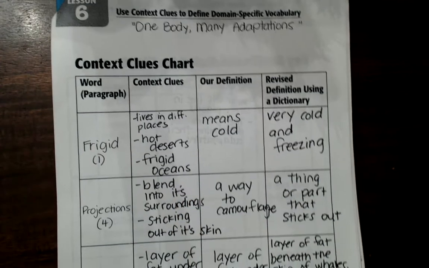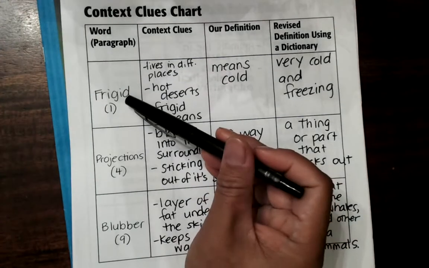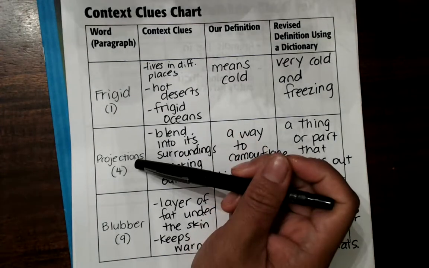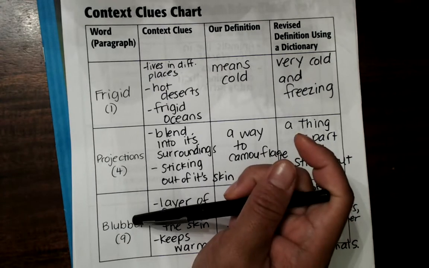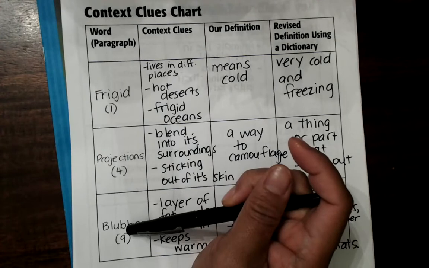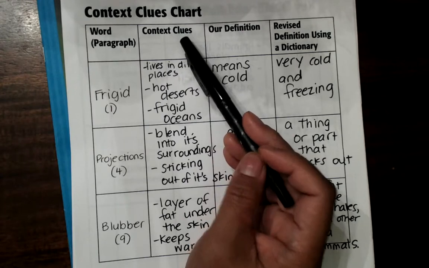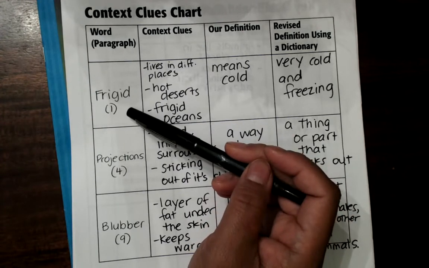And the words that we don't really know yet or are not quite sure of are the words frigid, projections, and blubber. So we were looking at these three words in the reading One Body, Many Adaptations, and we were using the words around it, or the context clues, to help us define what we thought it could be.